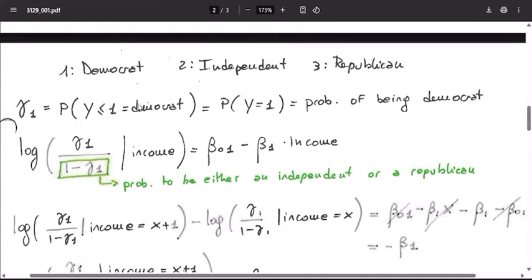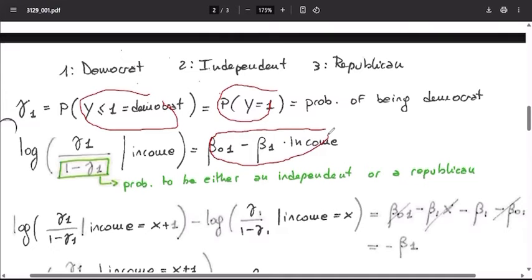This means the probability that the person is classified as Democrat. So the probability of y less or equal to 1 is the same as y equal to 1. We believe that there's no 0. Does that make sense? Because if it is equal to 1, then we don't want 0, we don't want negative.